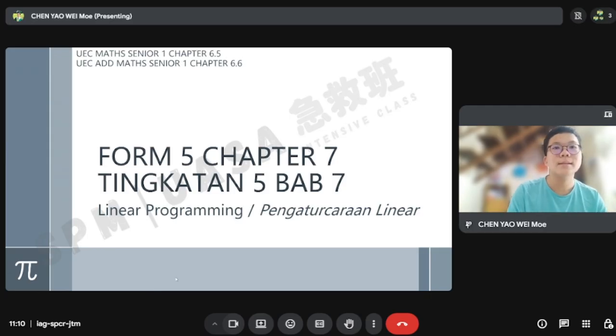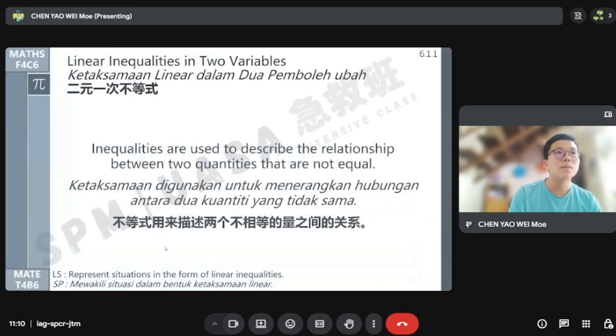So first thing, you need to know what linear inequalities in two variables are. When we speak of two variables, we usually refer to x and y.